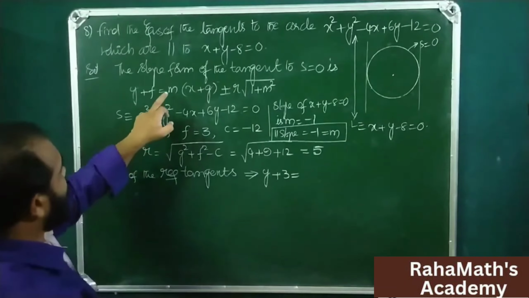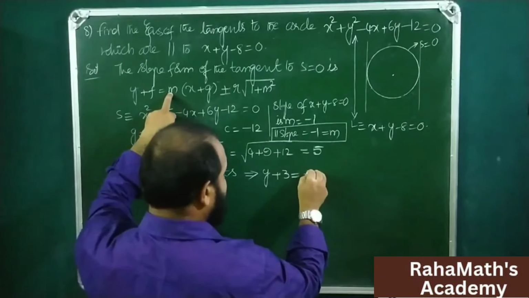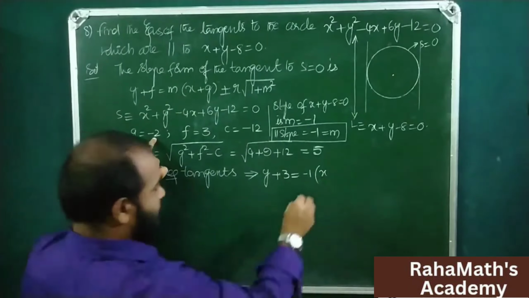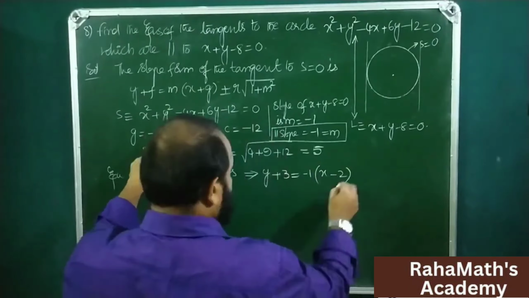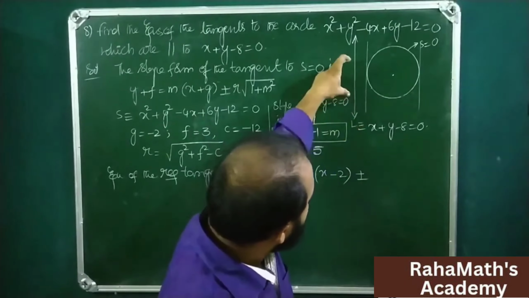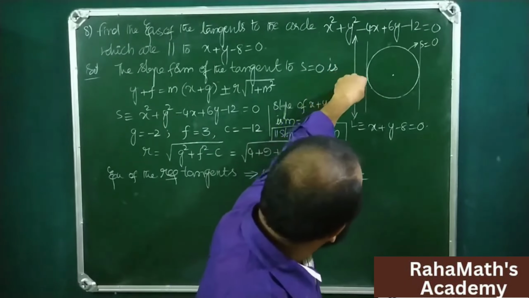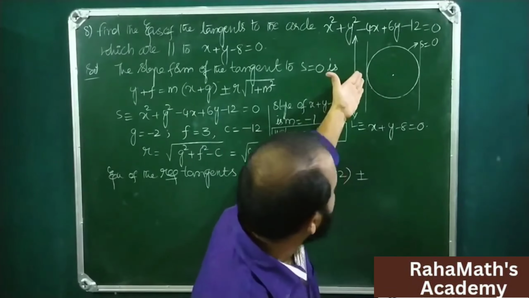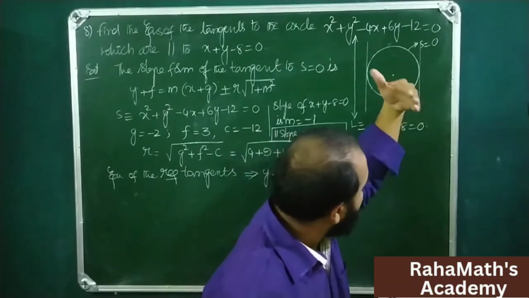So y + 3 = −1(x + g), and g is −2, plus or minus r. Why plus or minus? Clearly the diagram shows that parallel to this line there are two tangents to this circle. That is why one plus for one line and one minus for another line.